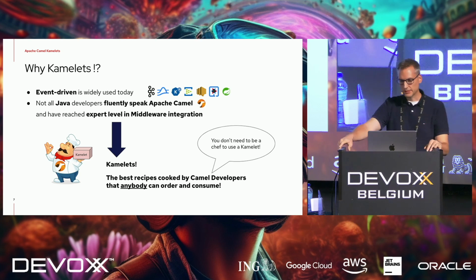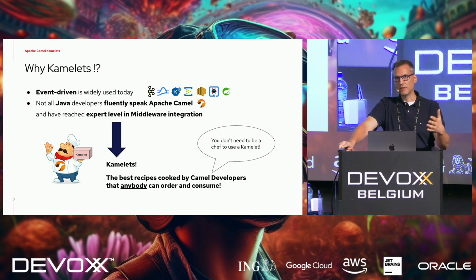So why are we doing this? Event-driven is a widely used thing today. Many projects and many technologies out there make use of event-driven. And not all Java developers may be experts in Apache Camel, although Camel itself is not very hard to learn. If you're a Java developer and have a look at Apache Camel, getting started is quite simple, as Apache Camel already tries to reduce the amount of knowledge that you need to connect to a third-party service, to AWS or to Google Cloud or whatever.